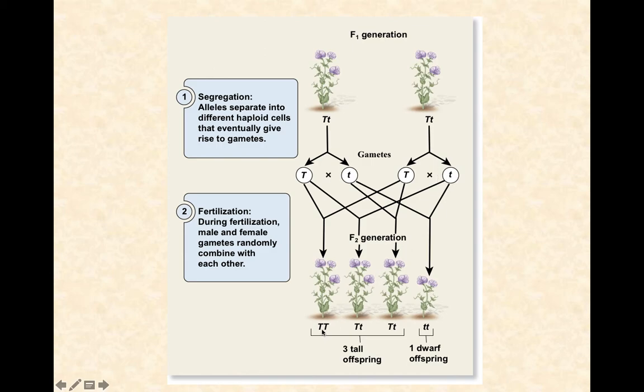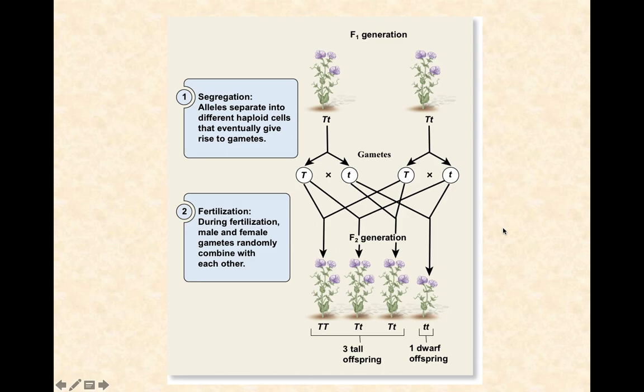leading us to one big T big T homozygous dominant for every 2 heterozygous big T little t genotypes for every, again, 1 homozygous recessive. What we see phenotypically is 3 to 1, tall to short. And genotypically, we see 1 to 2 to 1, homozygous dominant to heterozygous to homozygous recessive.